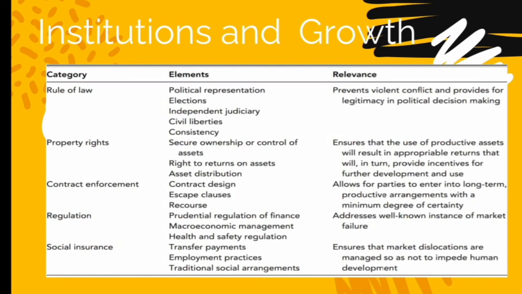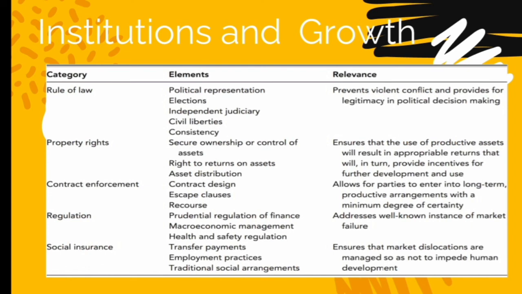The relevant elements here include contract design, escape clauses for early exit, and legal recourse in the case of contract violation. Contract enforcement allows parties to enter into long-term productive arrangements with a minimum degree of certainty.